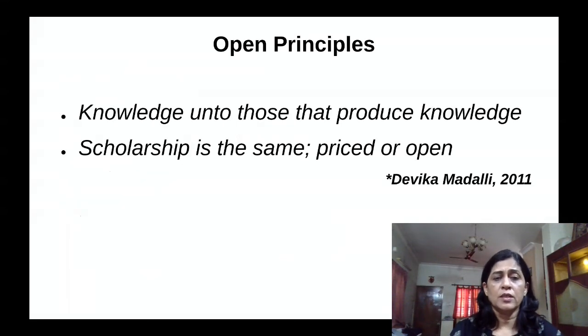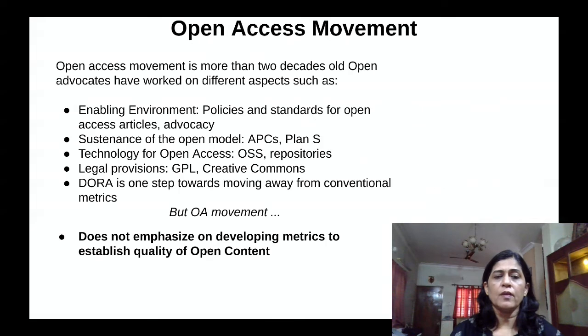Coming to open content, we go by open principles. The two principles are knowledge unto those that produce knowledge, and scholarship is the same, prized or open. The open access movement itself is more than 2 decades old. Open access advocates have worked on different aspects such as enabling environment, which deals with policies and standards for open access articles, advocacy, and such things.